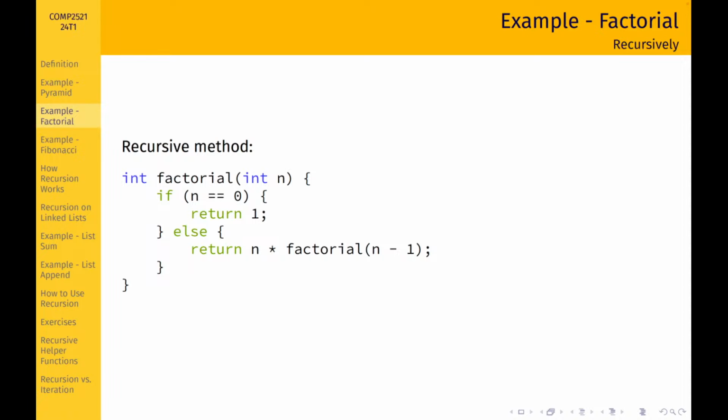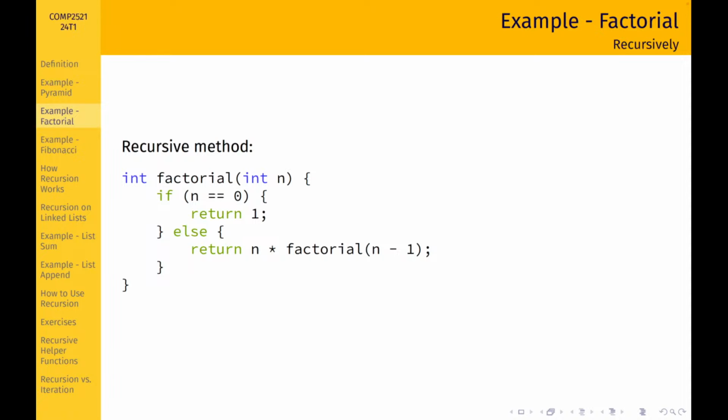Cool, so that's factorial. Now, based on these examples, you might think that recursion is just another way of implementing a loop. Because what we've done so far is I've shown you the iterative method, which is just a loop, and it turns out that we can just use recursion instead.